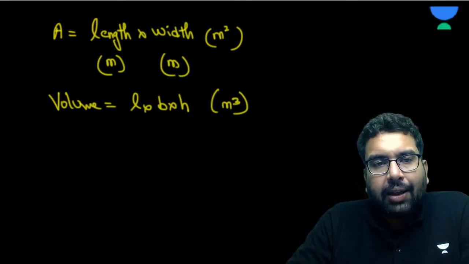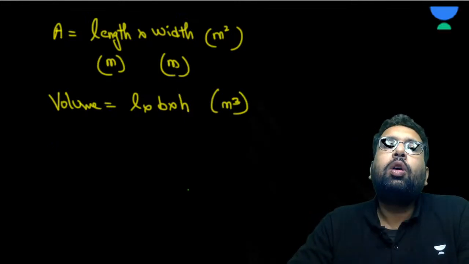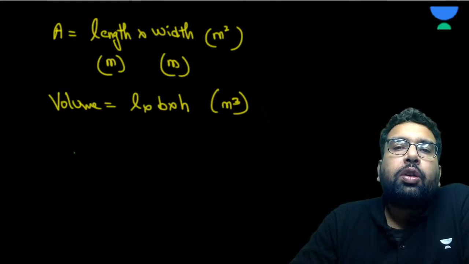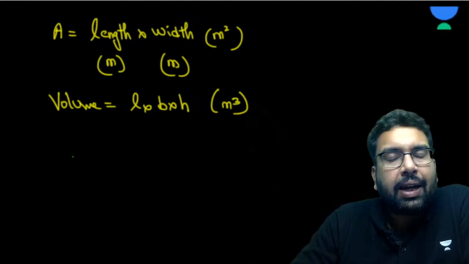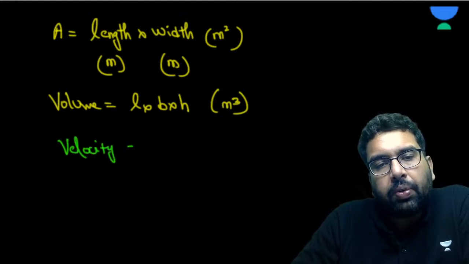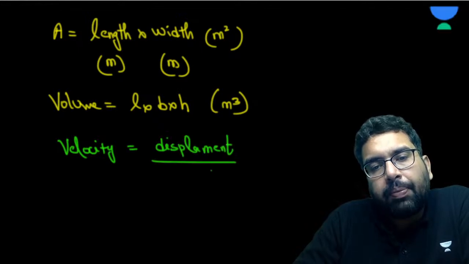So any quantity which is made up of the fundamental quantities, which could be a combination of different fundamental quantities or the same fundamental quantity used more than once, makes it a derived quantity. For example, velocity or speed: it is displacement per unit time, or change of displacement upon change of time.